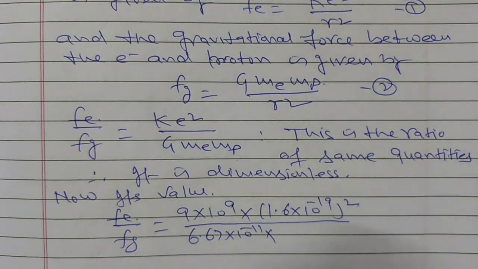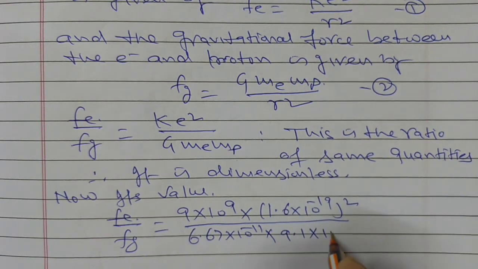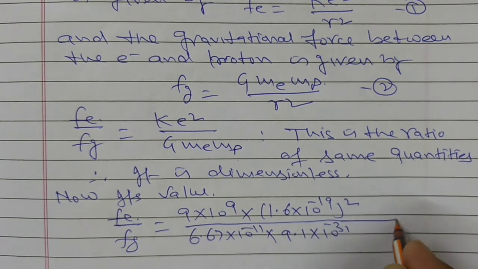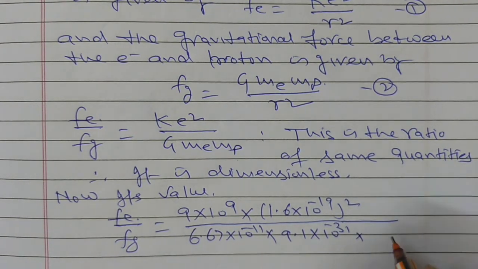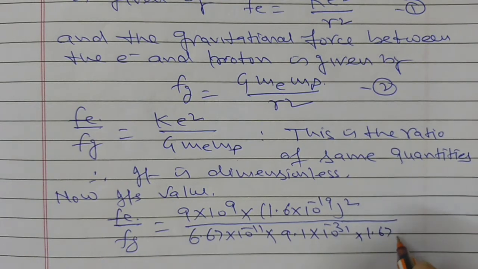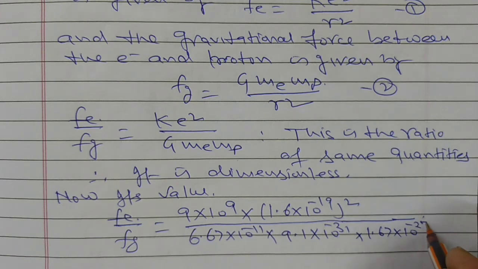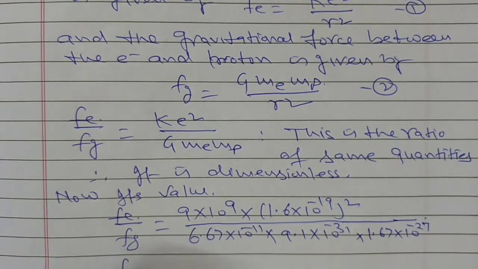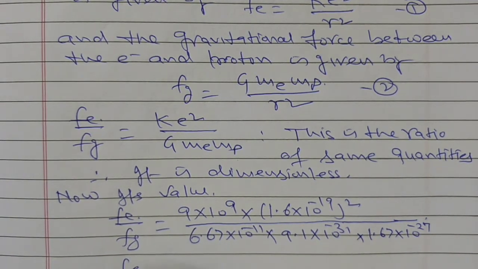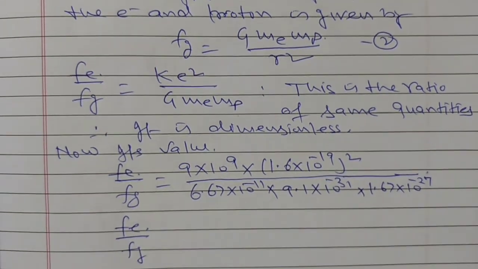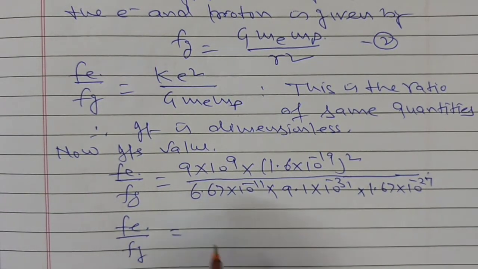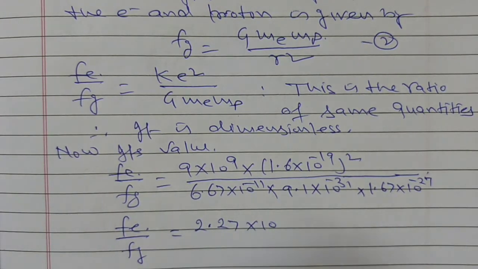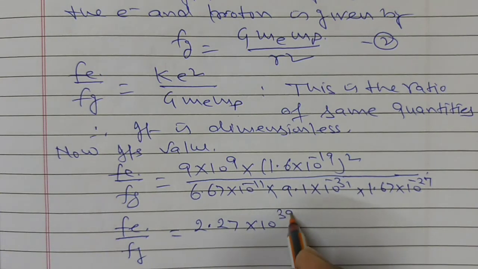Mass of the electron is 9.1 into 10 raised to power minus 31, and the mass of the proton is 1.67 into 10 raised to power minus 27 kg. Now on putting these values and on solving, this is equal to 2.27 into 10 raised to power 39.